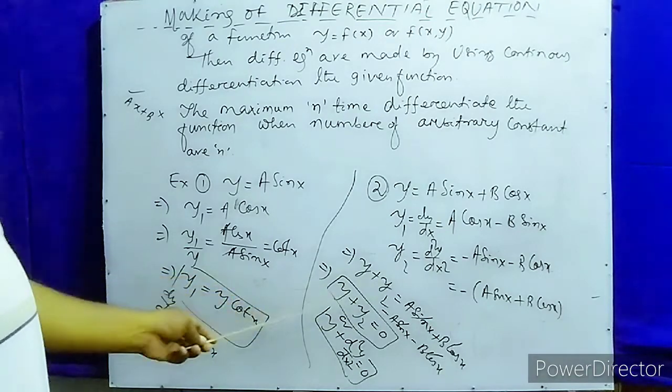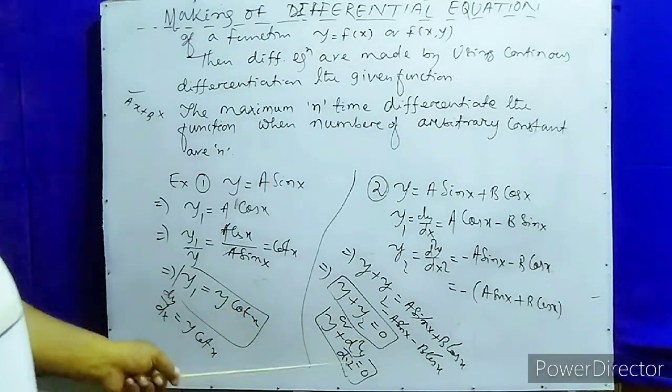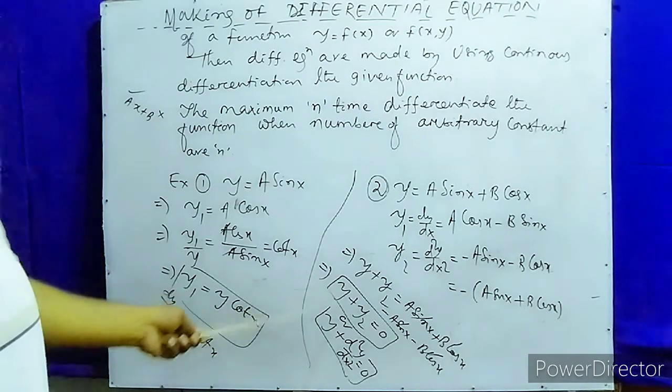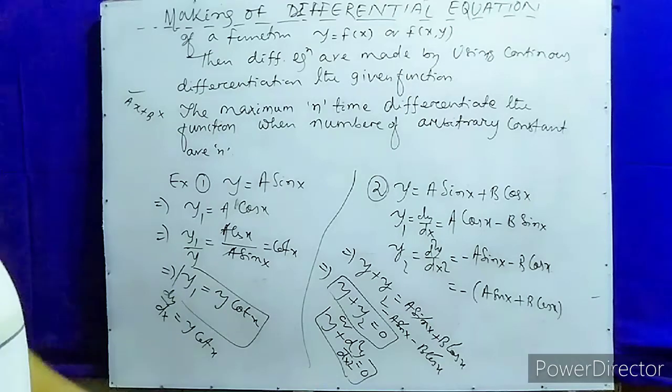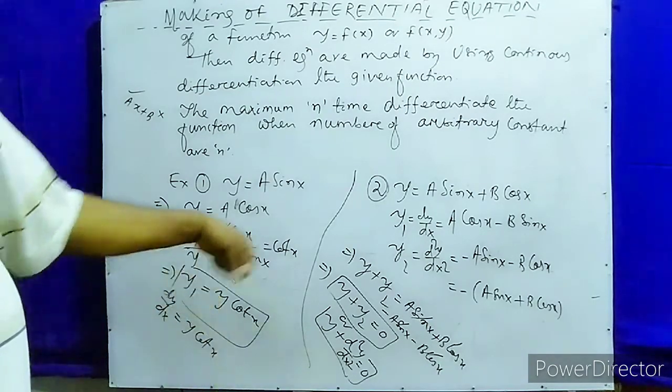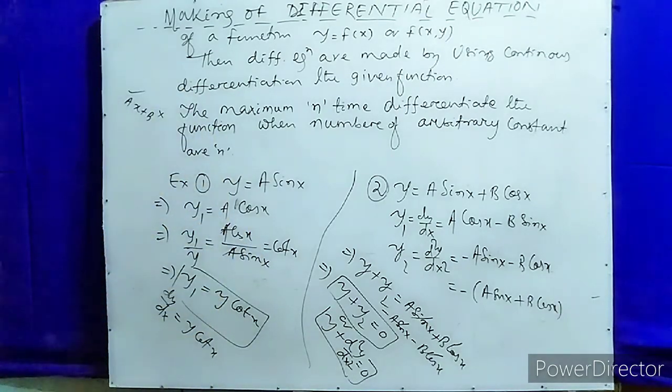So y plus y2 equals 0. You can also write y2, equal to d square y by dx square, equal to 0. This is the differential equation, or this is also a differential equation. In this way you find the differential equation using this form.